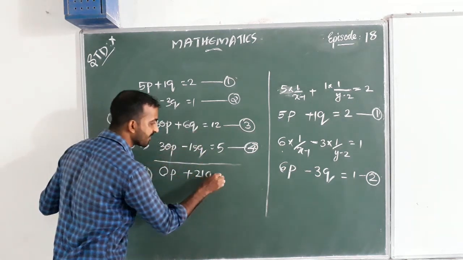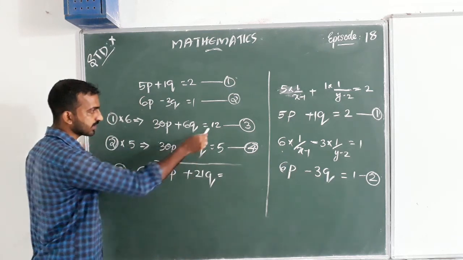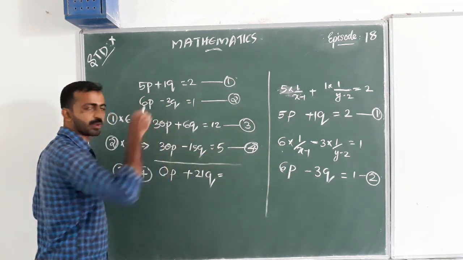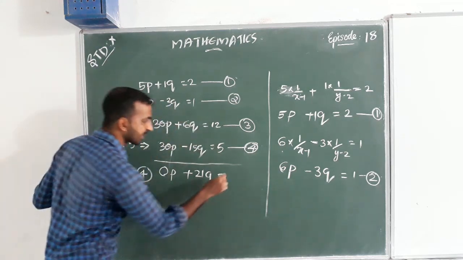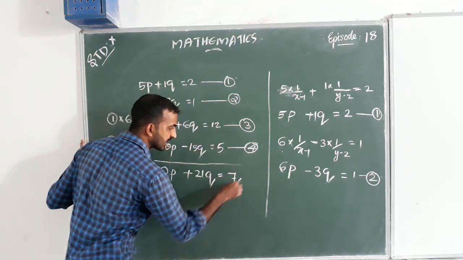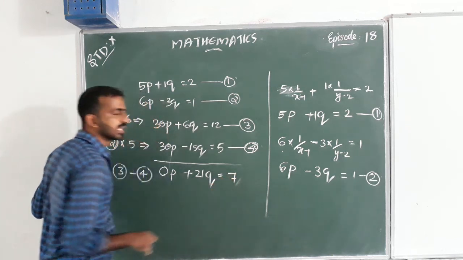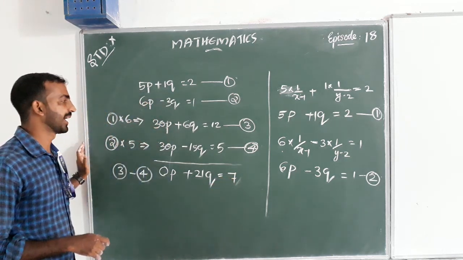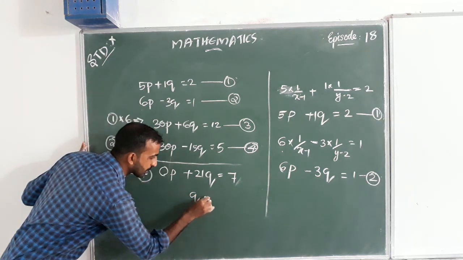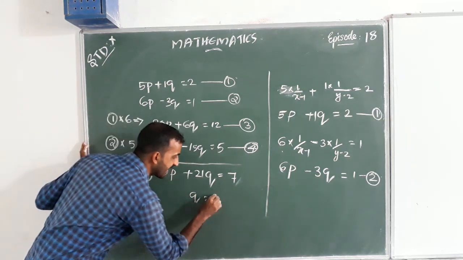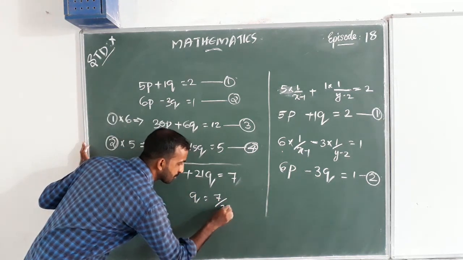And here is what we get? 12 minus 5, we get 7. Yes. That is q equal to 7 by 21.